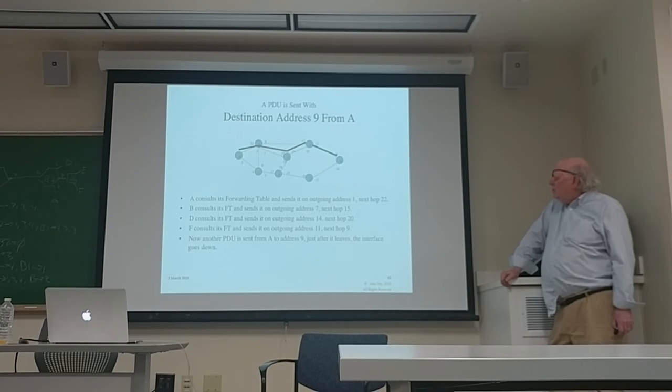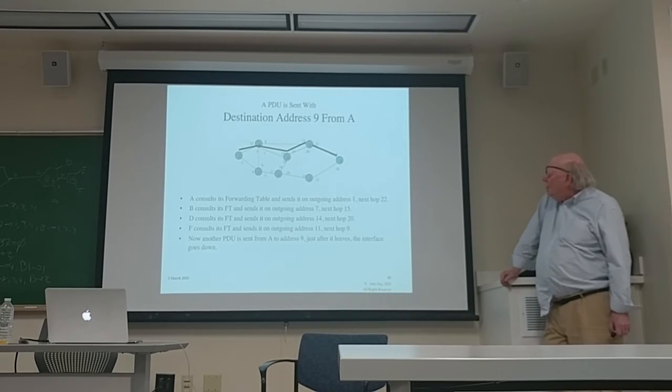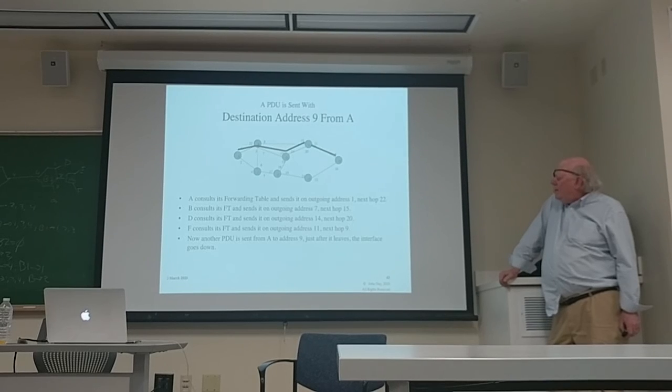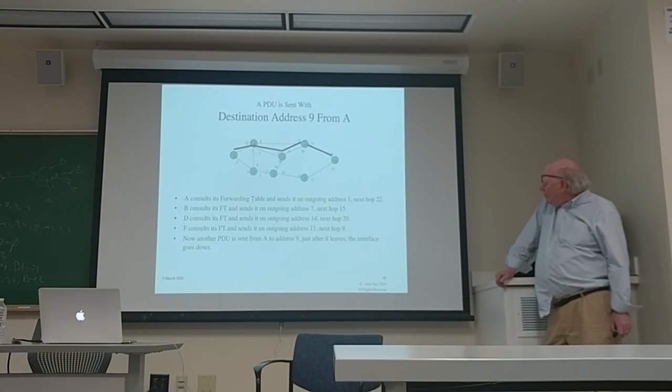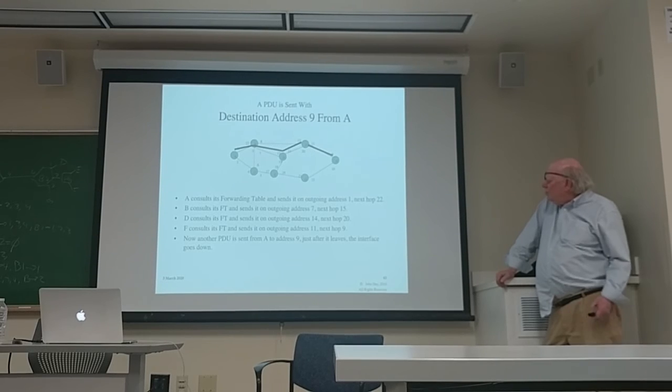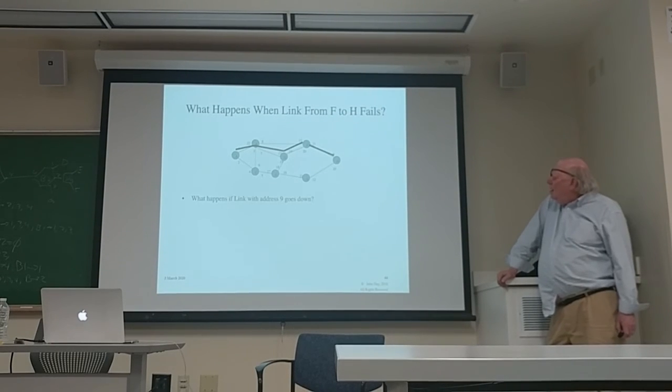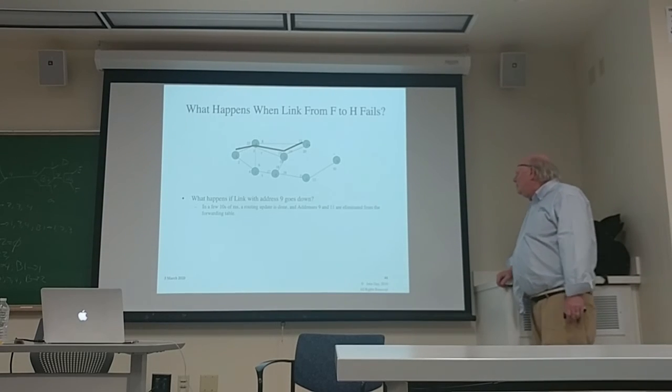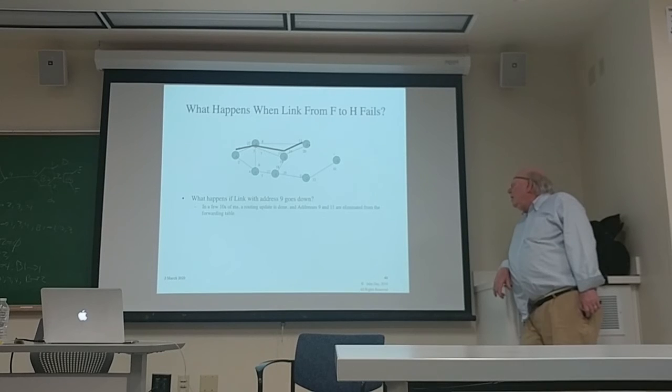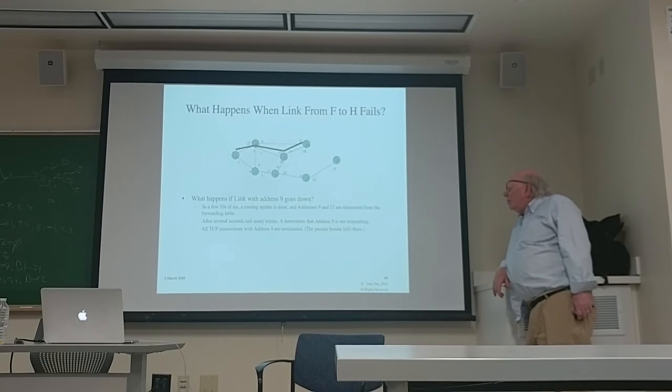Now, another PDU is sent from A to address 9, but just after it leaves, the interface goes down. 9 goes down. So what happens if the link with address 9 goes down? Well, in a few tens of milliseconds, the routing update is done. Address 9 and 11 are eliminated from the forwarding table.